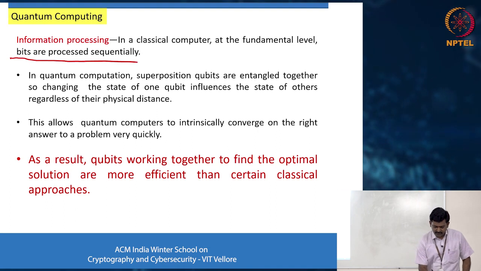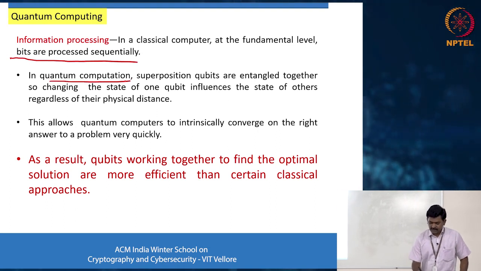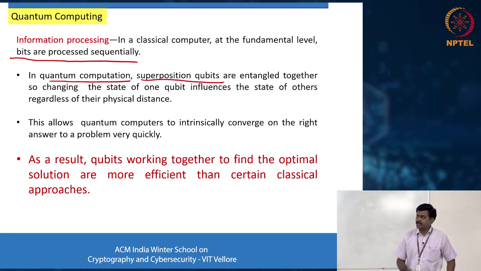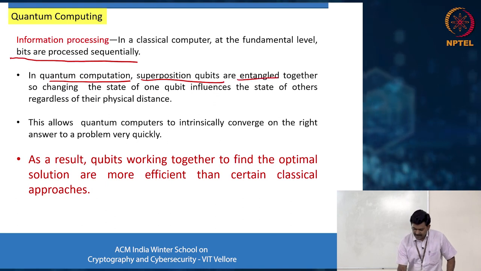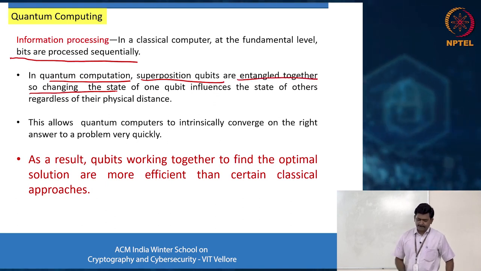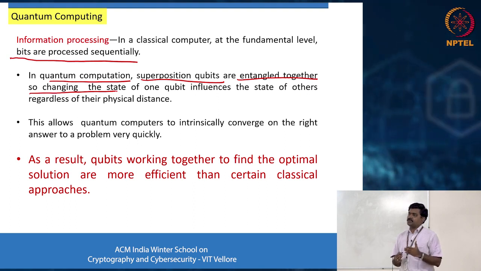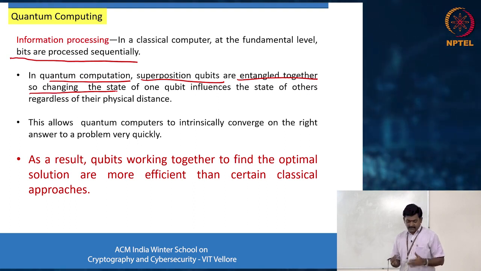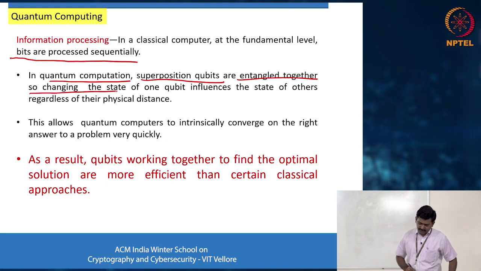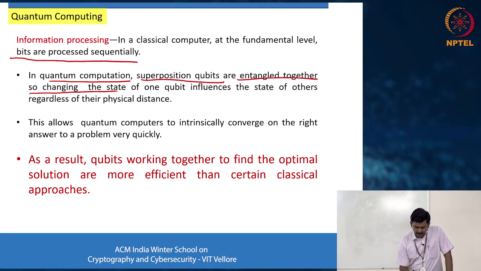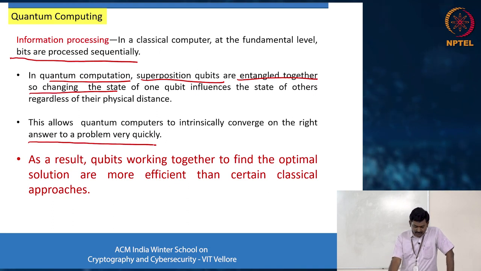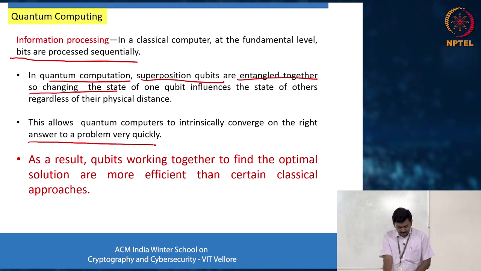In the case of quantum computing, what happens? The processing, since you have superpositioned qubits which are entangled together, multiple such qubits will provide you a massive computing power, and hence we will be able to solve certain problems very quickly.